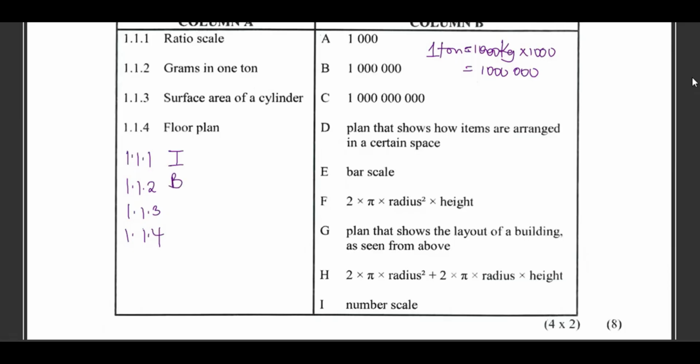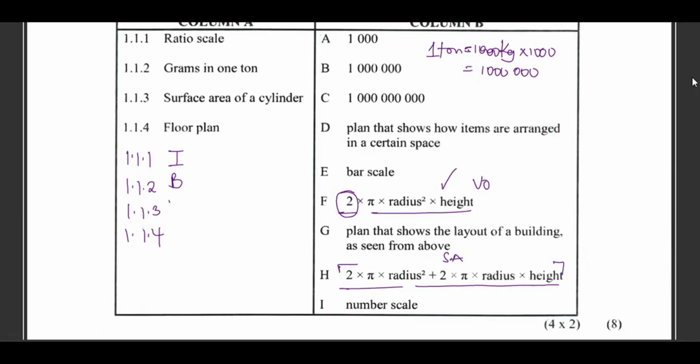Okay. The surface area of a cylinder. Now this is why I told you to have to know the formulas in your head. Here we have 2 formulas that look alike, but this is for volume of cylinders, whereas this is the surface area.